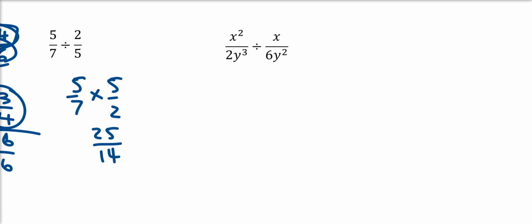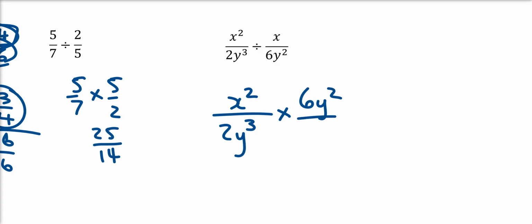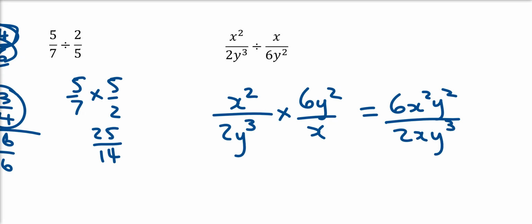But how do we do it when it comes to algebraic? Yeah, same thing. So x squared over 2y to the power of 3 times 6y squared over x. Right, well, just to finish it off, in 2 steps, multiply that top line, 6x squared y squared, multiply the bottom line, 2xy cubed.